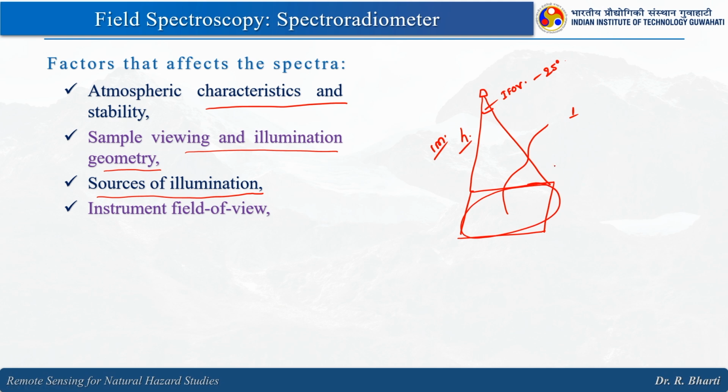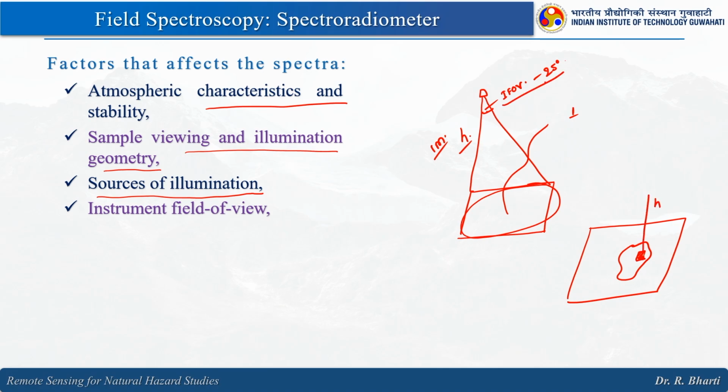Now, once you have this information, whether you want to cover a part of the sample, let us say this is an exposed rock and you want to measure this particular portion of the sample, you need to adjust your height because IFOV is fixed.